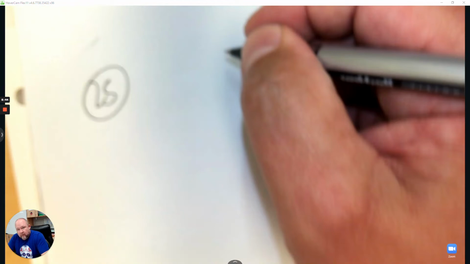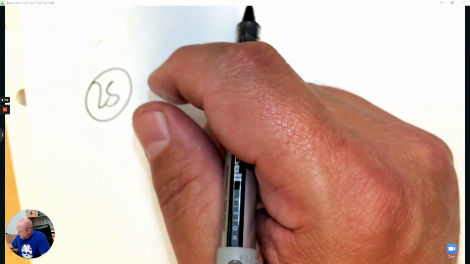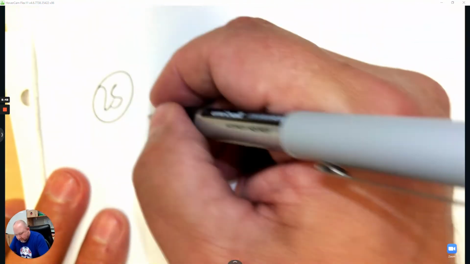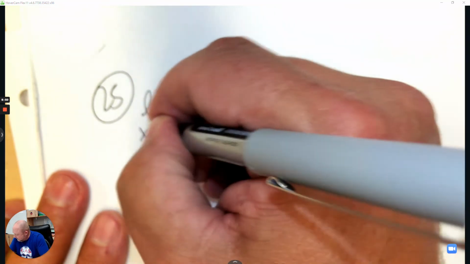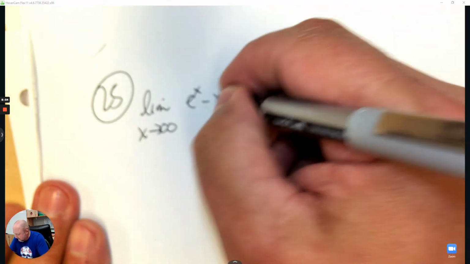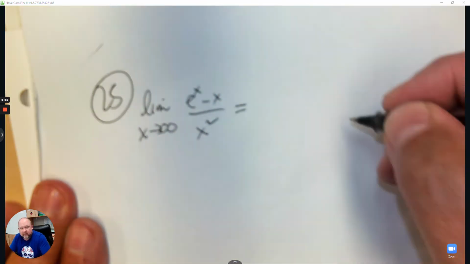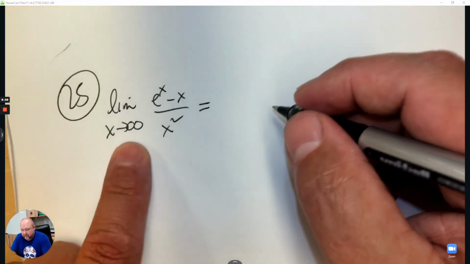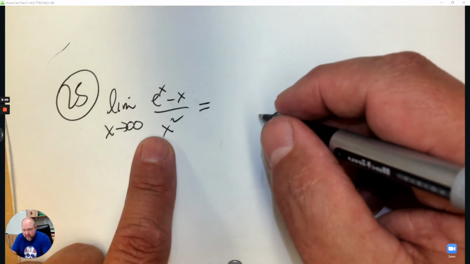25. So the limit as x approaches infinity, e to the x, subtract x over x squared. So the right-hand behavior here, the top compared to the bottom.